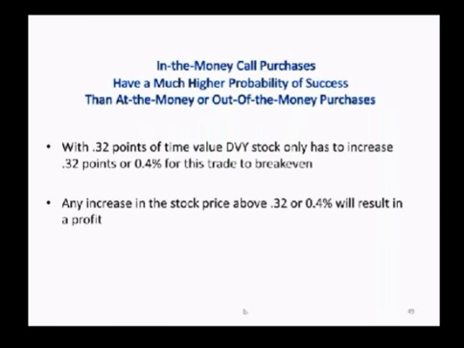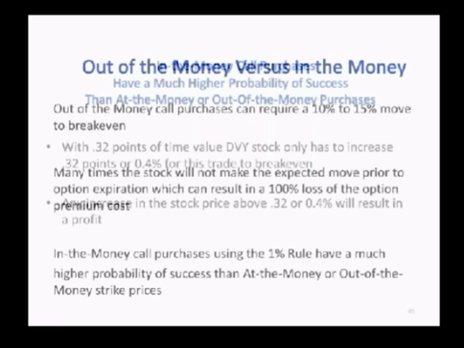So again, with only 32 cents of time value in this example, the DBY ETF only has to increase 32 cents, and that's 0.4%, and then this trade breaks even and we start profiting on it.